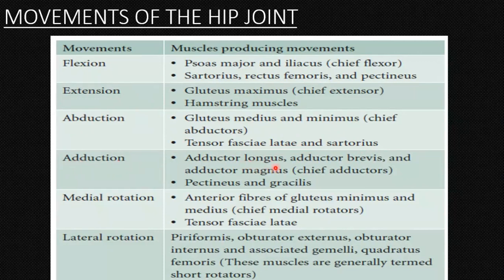Adduction by the adductors, the muscles of the medial compartment of the thigh. Medial rotation, we have the anterior fibers of gluteus minimus and medius and the tensor fasciae latae. Lateral rotation, we have the 6 lateral rotators of the hip joint: piriformis, obturator internus, obturator externus, the 2 gemelli and quadratus femoris, 6 of them.